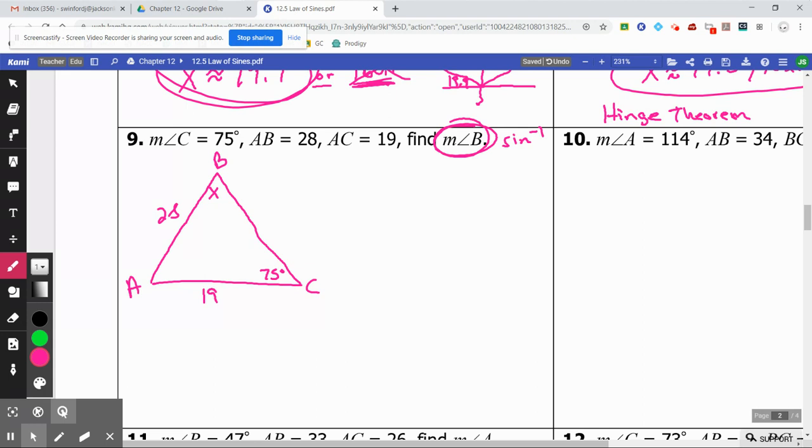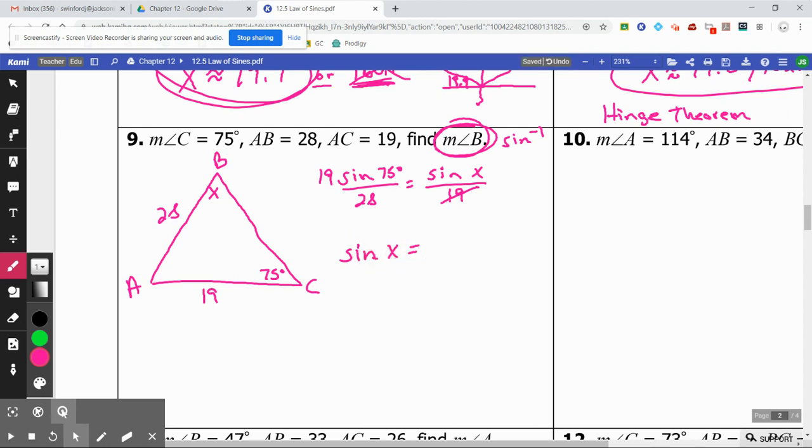So I have the sine of 75 degrees over the side across from it will equal the sine of my x value over the side across from it. To move the 19 over, I will multiply, and I'll get the sine of x will equal about 0.6554.